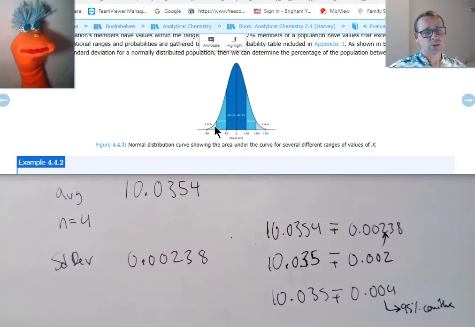All right. So this is some powerful information in terms of knowing what percentage of all the values within a population are contained within given increments in standard deviations.